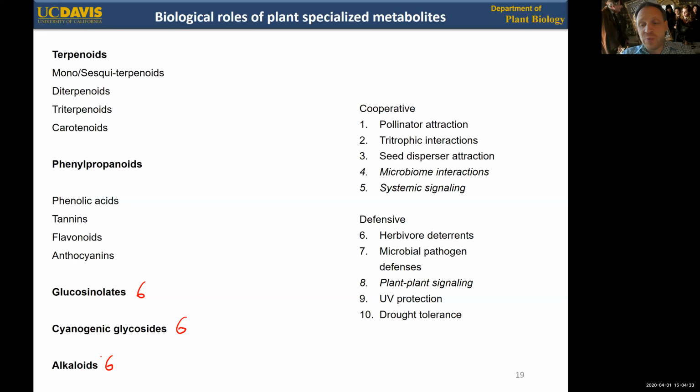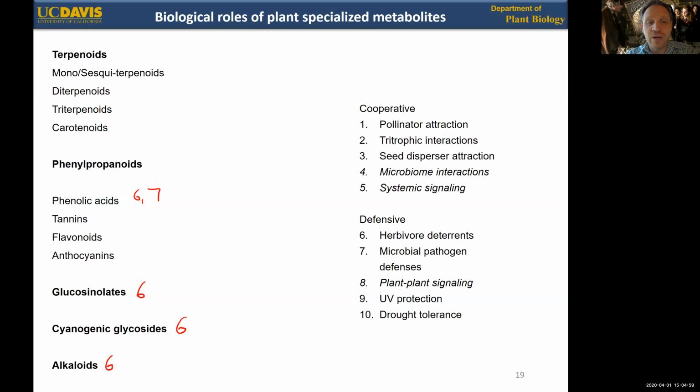Then your phenylpropanoids, a much more diverse metabolite class, much more widely distributed. And this lends itself to a more versatile type of functions. Some of these, like phenolic acids, certainly can be herbivore defenses if they're bitter. They also are involved in microbial defenses.